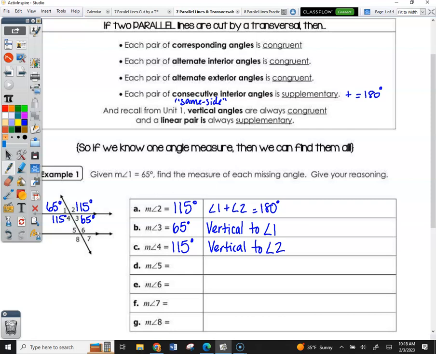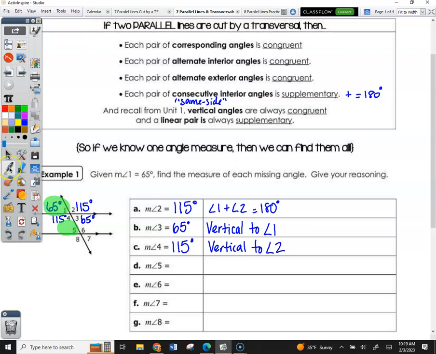Corresponding means same context, same position. So if angle 1 is right here in the top left of those 4 angles, what angle is in the top left of these 4? Top left would be angle 5.